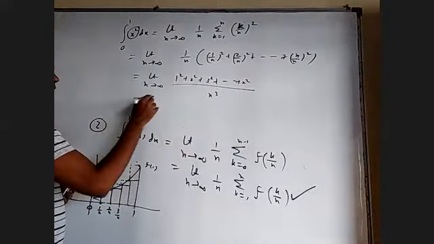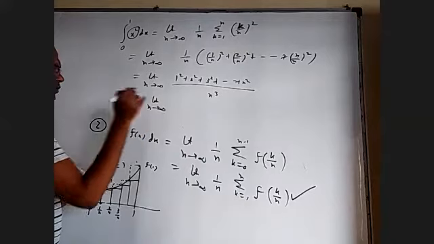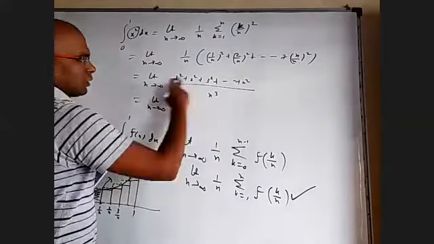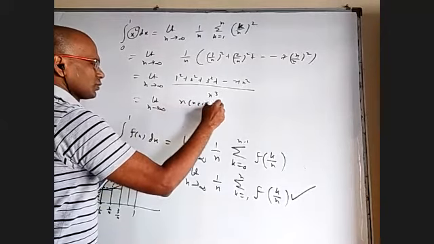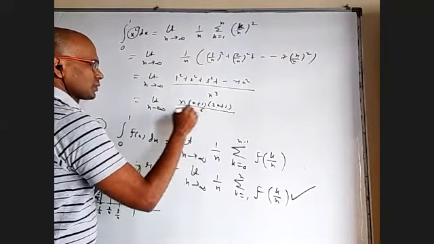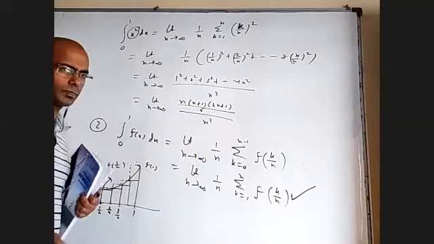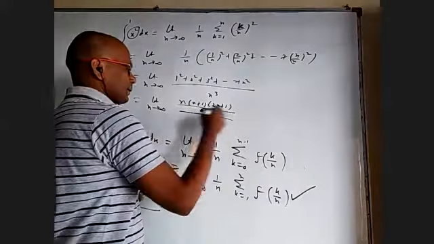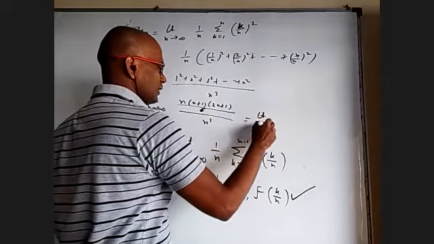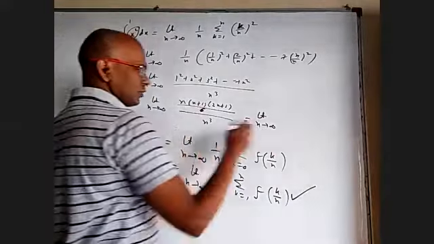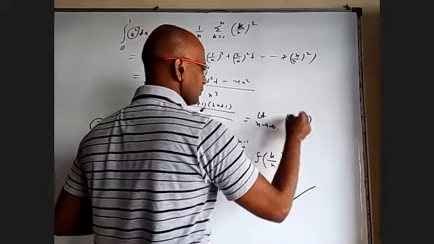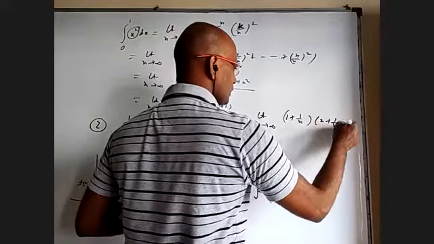Limit n tends to infinity. All of you know the sum of squares of n natural numbers: n into n plus 1 into 2n plus 1 by 6, divided by n cubed. Limit n tends to infinity. One n will cancel, one n you divide here, one n you divide here. It will be 1 plus 1 by n, 2 plus 1 by n, by 6.